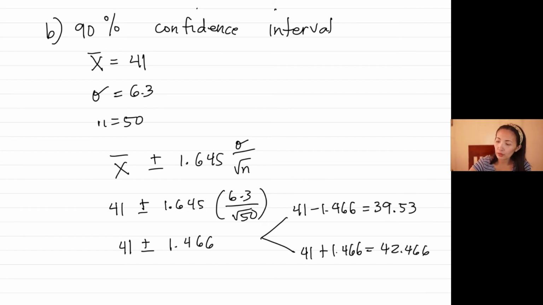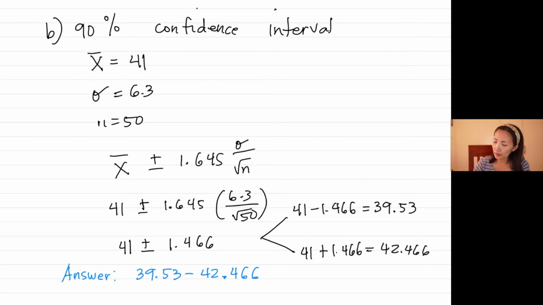So finally, our answer is from 39.53 to 42.466. Okay, and that's it.